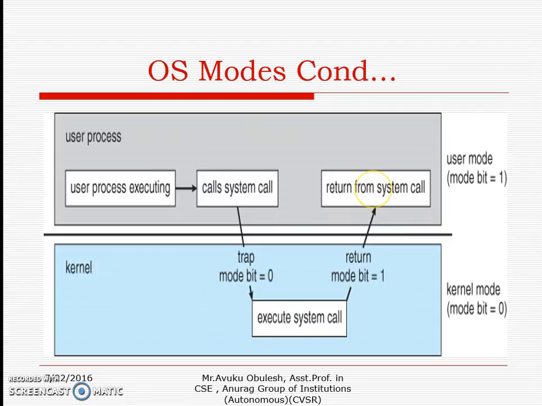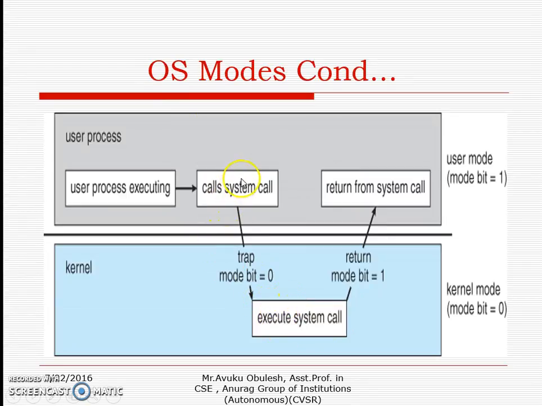This is the basic diagram which exhibits the modes of operating system. This is the user mode which is represented with the mode bit 1. This is the kernel mode which is represented with the mode bit 0. Initially the operating system should be in kernel mode. Once the user makes a request or any process is executed, then the corresponding system call is executed in kernel mode.